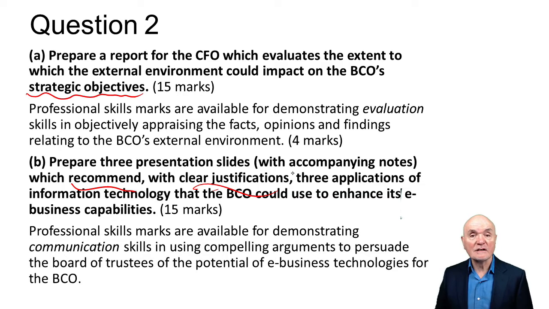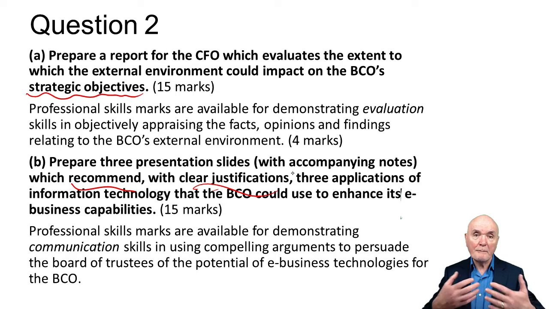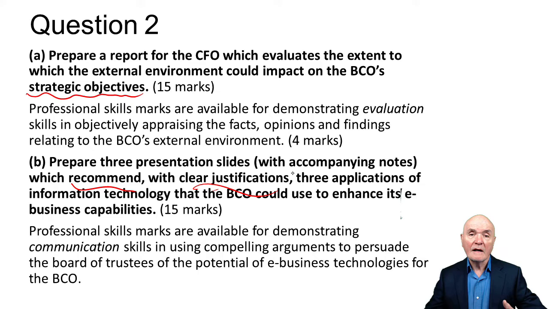And then IT could also be used to make sure we've got up-to-date databases on people who have expressed an interest. If people come to our web page and visit it, then we send a cookie to their machine, and when they go online again, up comes a little advert saying, have you thought about donating to this charity or joining this charity, and so on.